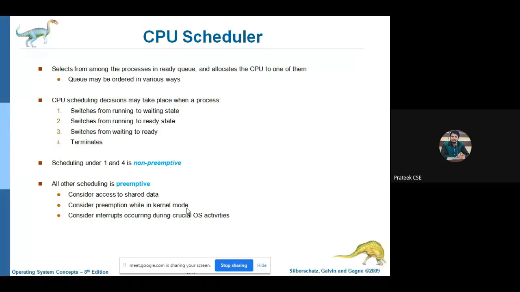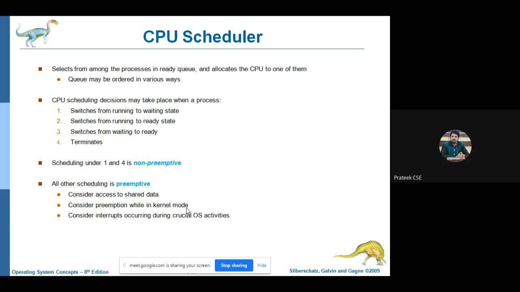In the last lecture, we started the basic concepts of CPU scheduling, and I talked about the various types of queues involved in the process of scheduling. Then we discussed various types of schedulers. The long-term scheduler, also known as the job scheduler, picks the processes from the new state and puts them into the ready state.